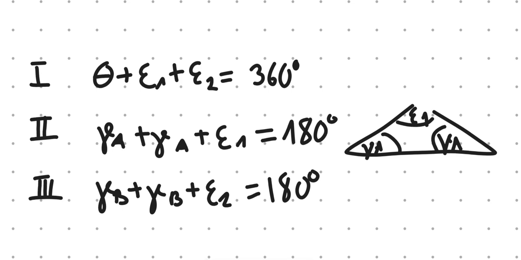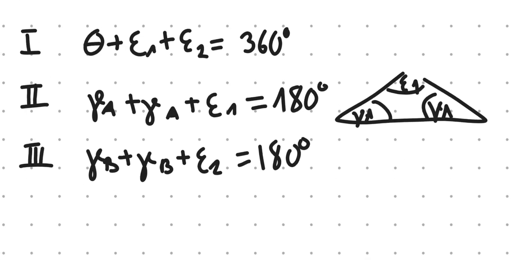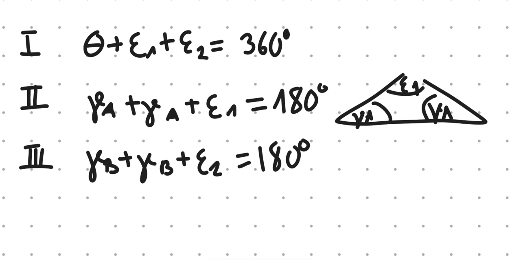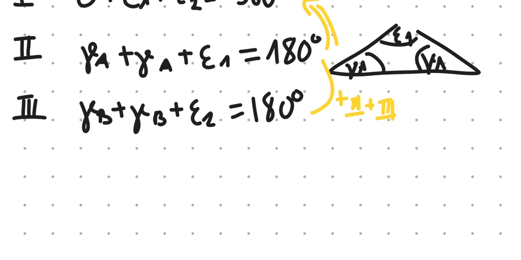Since we have these two equations 2 and 3, and the first equation has 360 degrees, we can actually add equations 2 and 3 up, which will get us to 360 degrees. So that we have a long equation which we can manipulate. I'm going to add these two up.